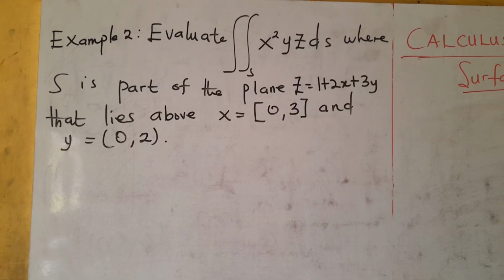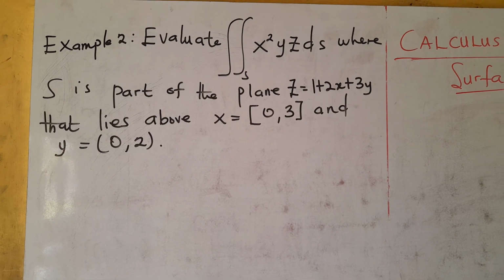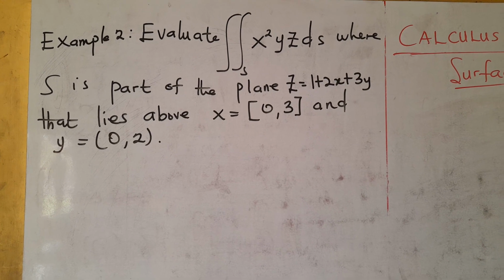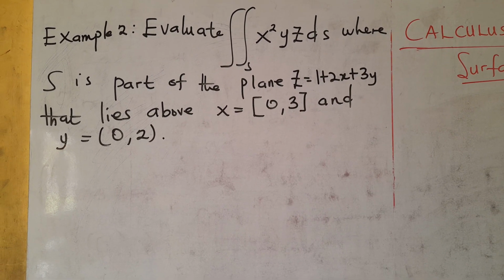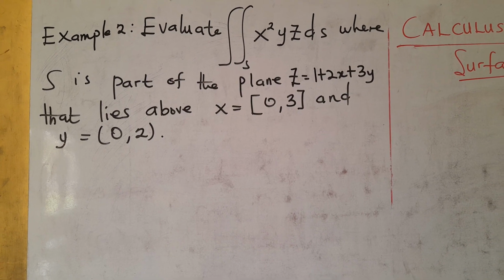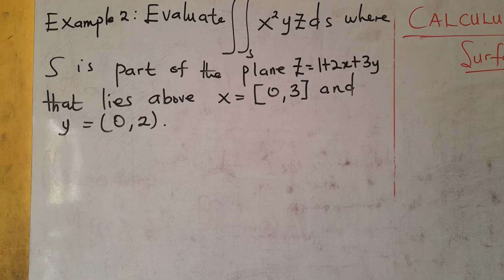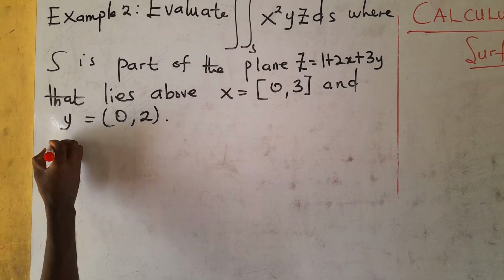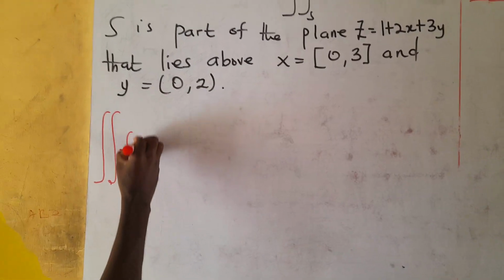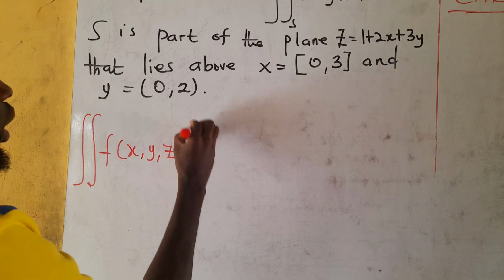So we'll solve it ourselves. They say evaluate the integral of x squared yz dS, where S is part of the plane z equal to 1 plus 2x plus 3y that lies above x equal to 0, 3 and y equal to 0, 2. So how do we do that? Remember, the integral of a surface is of a function dependent on 3 variables, dS.